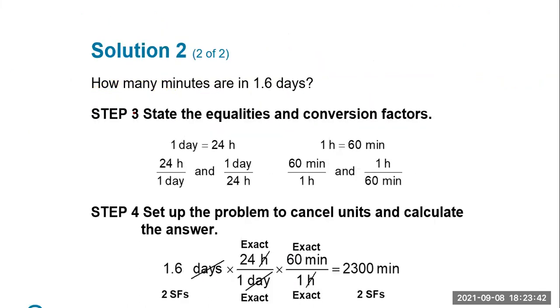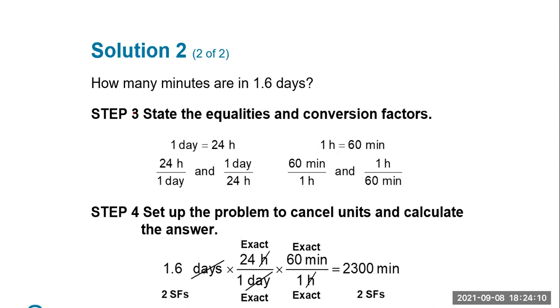So that could be applied to, like, metric to metric? Yeah, so pretty much any conversion. In terms of equalities, if you have a metric to metric equality, which gives you conversion factors, those are considered exact numbers. If you have an English to English equality that gives you two conversion factors, those are also considered exact numbers.